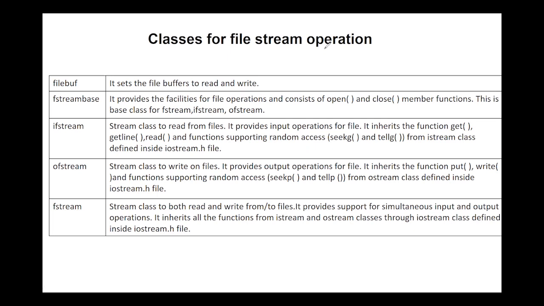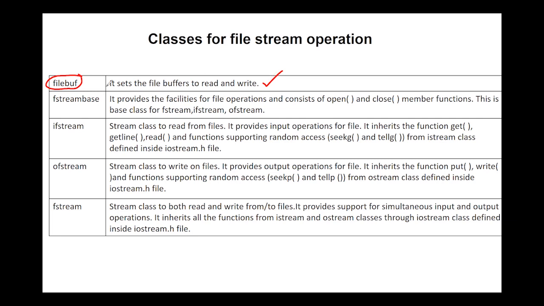The very first one is filebuf, which we saw. File buffer, like I said, sets the file buffer to read and write. Now what do you understand by file buffer? Buffering is nothing but loading something before we perform certain actions. So we are loading and storing it somewhere before we perform the program operation.